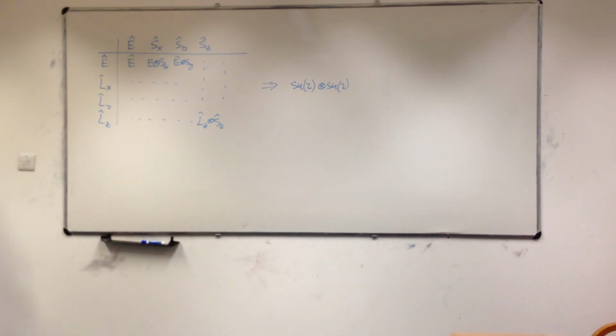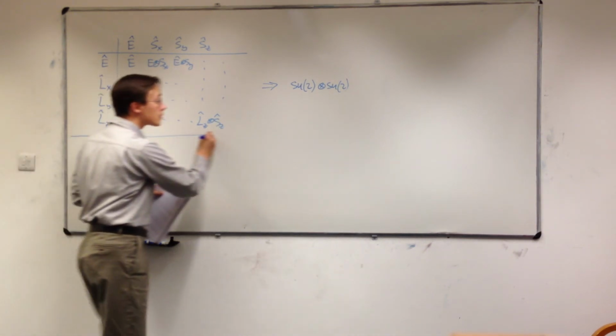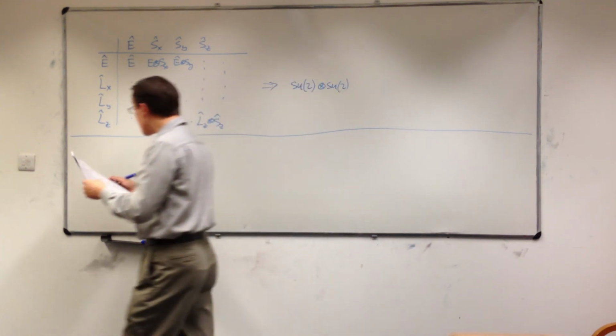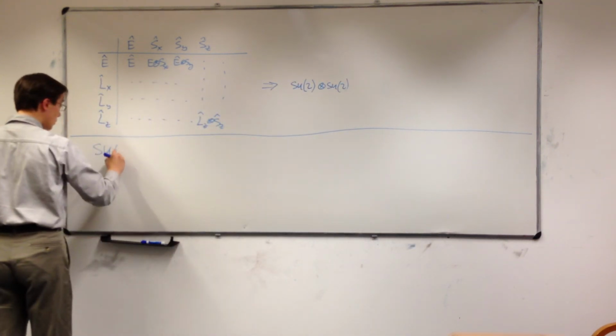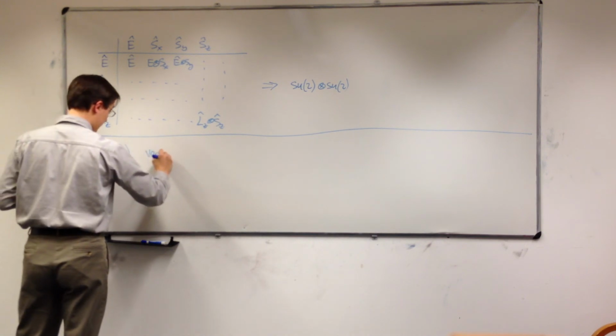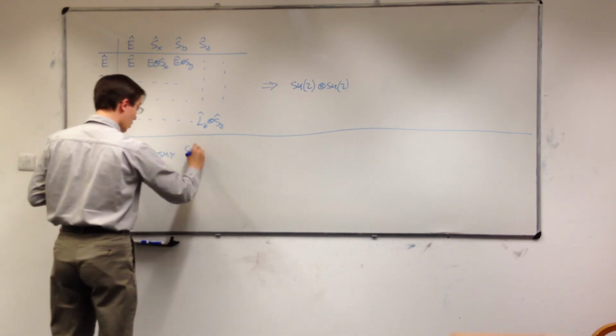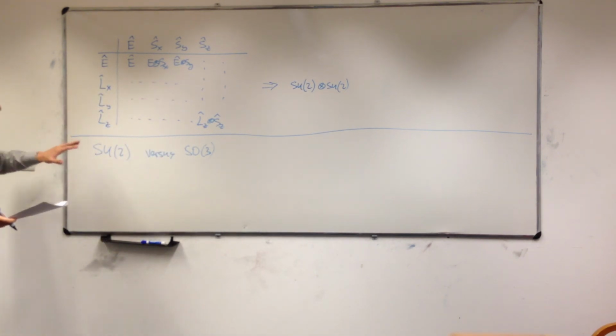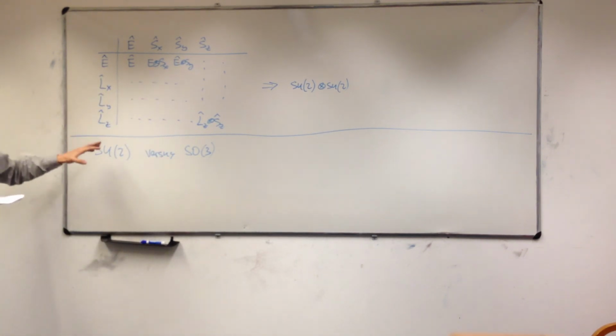Right. What we move on to now is the relationship that I already briefly mentioned at the beginning of the lecture between SU2 and SO3. SU2 versus SO3. Now, this is the cause of a huge amount of confusion in physics textbooks and so on, on spin and angular momentum.